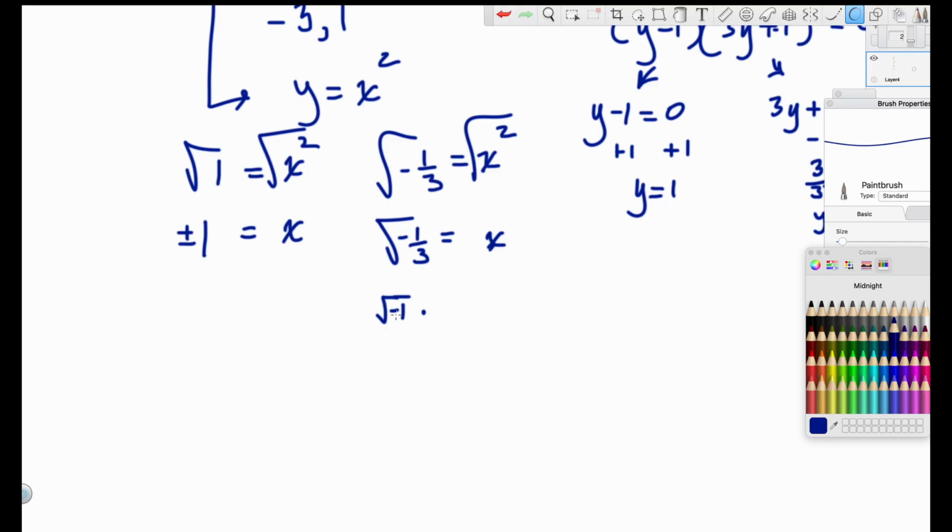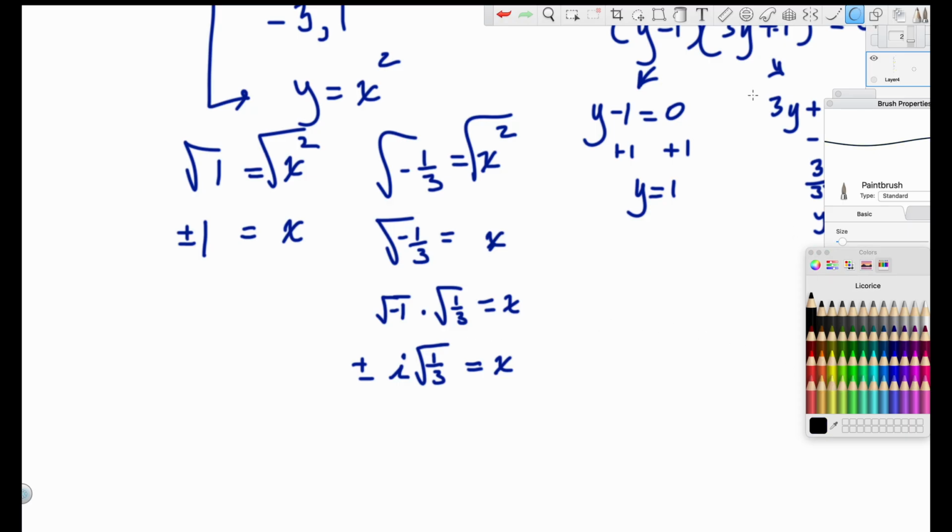So if I say square root of negative 1 times the square root of 1/3, we're just going to break this up here so we can see this, right? That's the same as the square root of negative 1/3. And now I'm going to replace the square root of negative 1 with i, and I'm just going to leave this as root 1/3. And it's plus or minus.